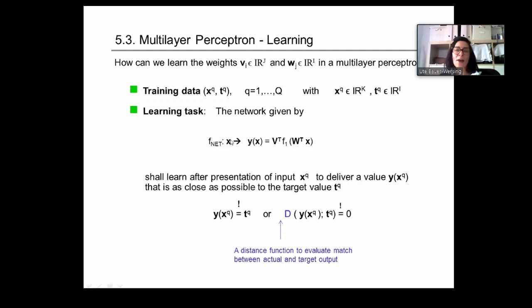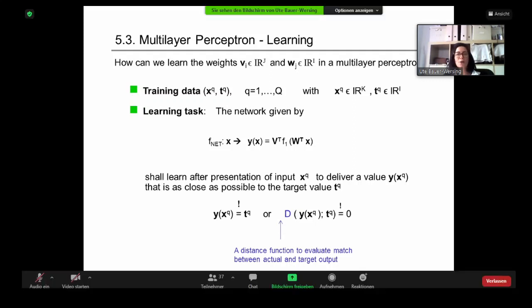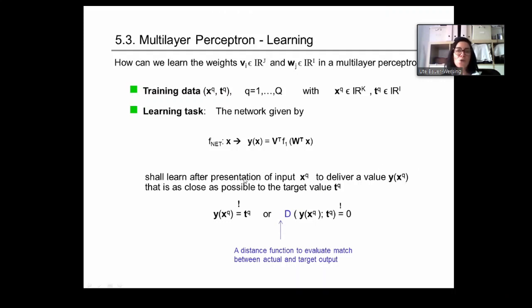We have X and we want to map it to Y, which is a function of X, and we have derived the formula for how we calculate Y of X. So what the network should learn is that when we present the input X_q, it should deliver Y of X_q that is as close as possible to the target value that is given for this particular X_q, T_q. So the output the network calculates should be more or less equivalent to the given target value T_q.